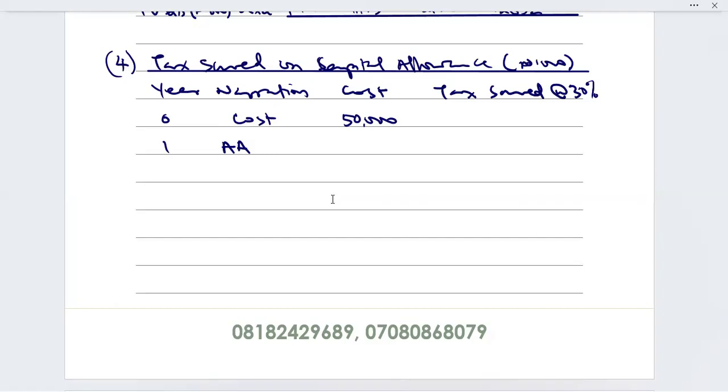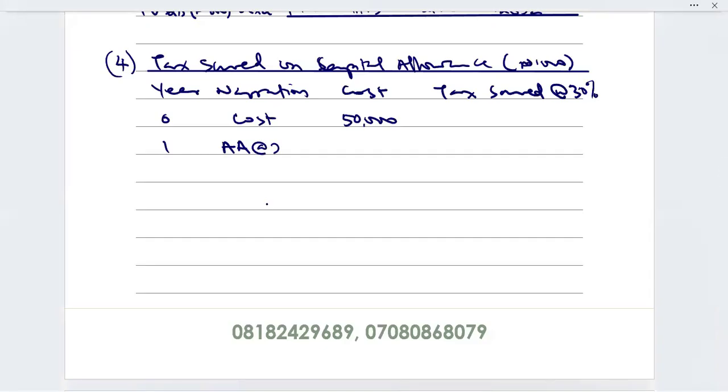So let's go back to the question. How are you going to claim your capital allowance? According to the question, we are told that investment of this type qualifies for tax depreciation. Tax depreciation is the same thing as capital allowance, at the rate of 25% per annum on a reducing balance basis. That is, you are going to be multiplying the rate on the tax written down value.